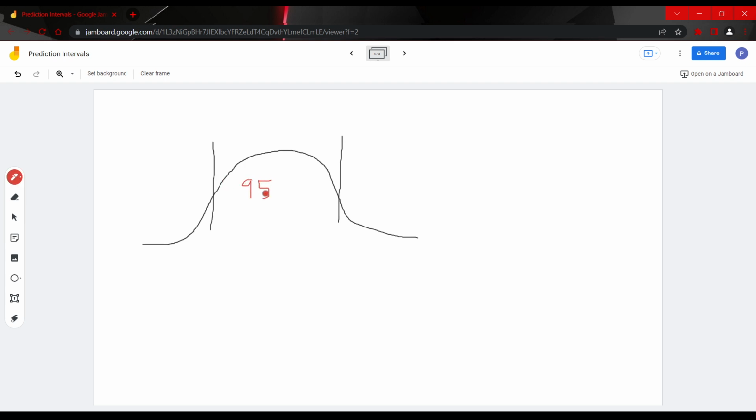So 95%. If I'm 95% confident, then this is essentially the same as a two-tailed test with 2.5% on each side. Essentially, this is the same as a two-tailed test with alpha equals 5%.